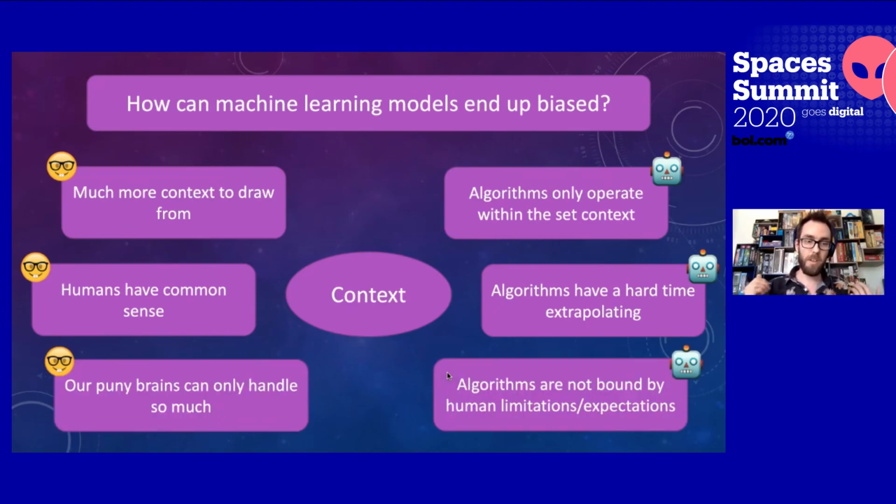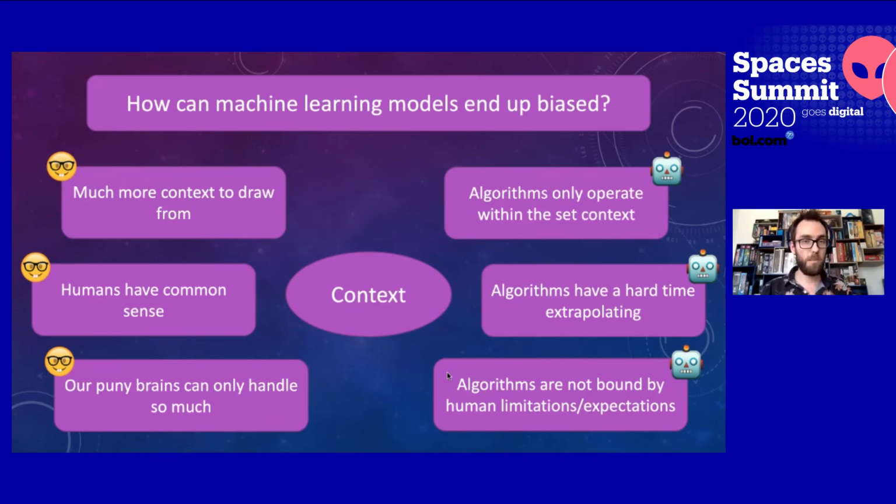Finally, as humans, our brains are really good at learning, but they're not really good at computing. If you give me 10 gigabytes of data and ask me to find a relationship in there, I will not be able to do it because it's just too much for me to handle. Whereas, of course, algorithms and computers are designed and optimized for this. So they can much better use all this data to go very deep into it and actually find things that we, as humans, would never be able to see, relationships that we would not be able to find.